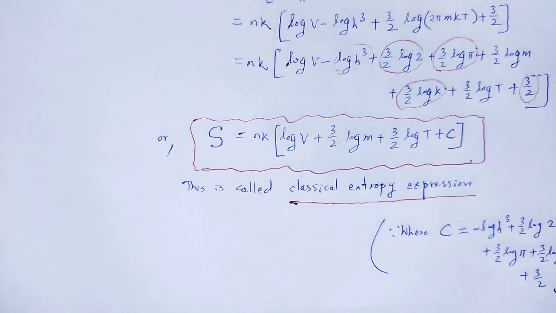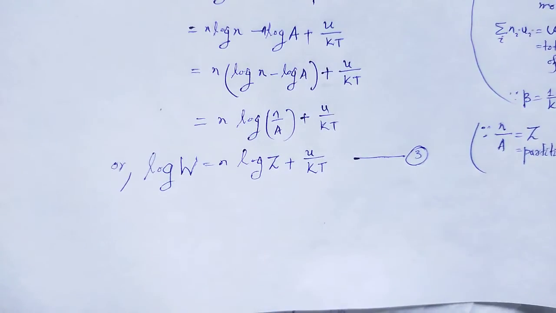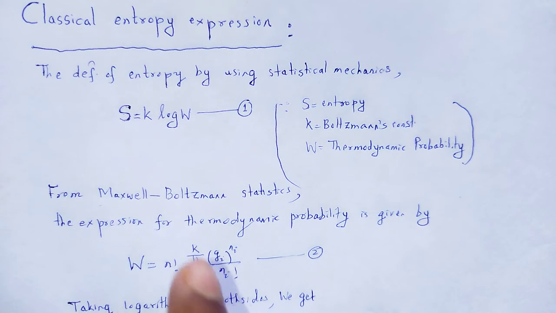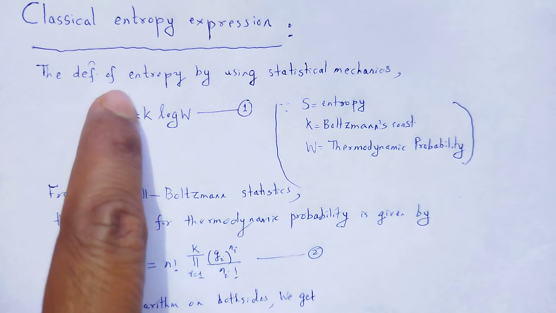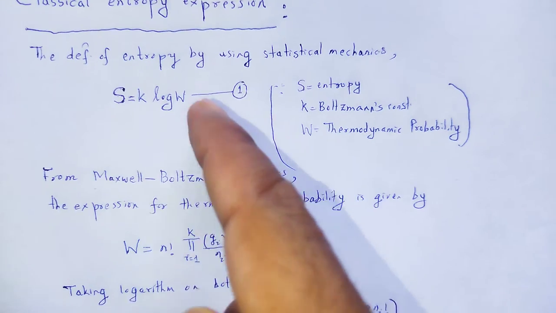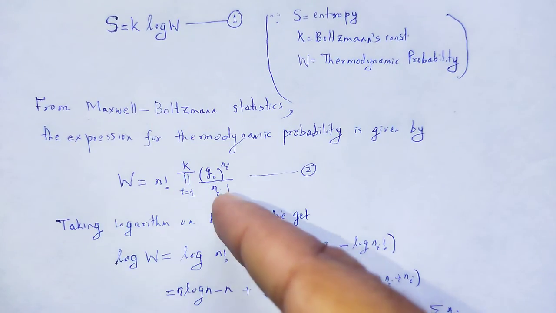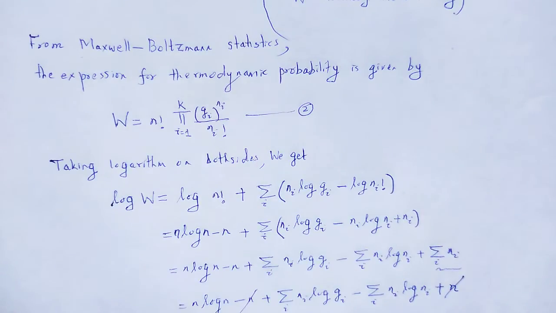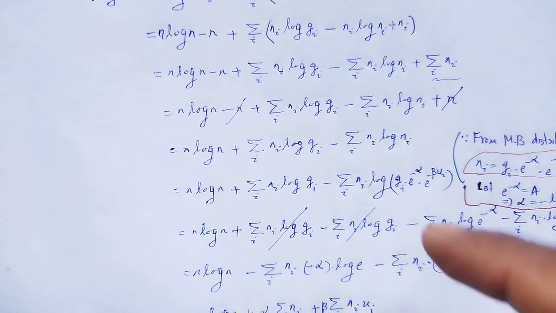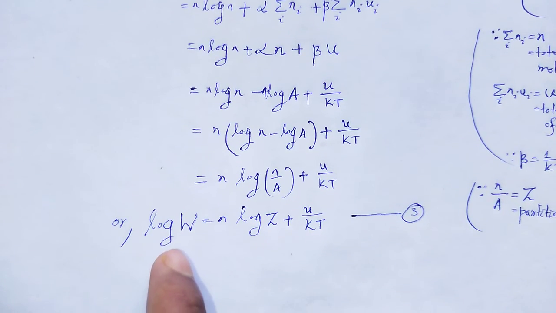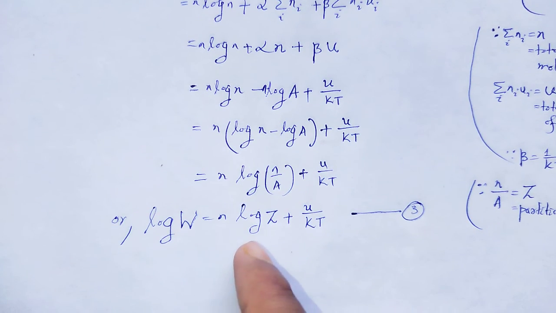So with the help of this video lecture, we understand the concept of classical entropy expression. First, the statistical definition of entropy, then Maxwell-Boltzmann statistics. We use the expression for thermodynamic probability. Mathematically we proceed, and finally we obtain thermodynamic probability log W as that one.